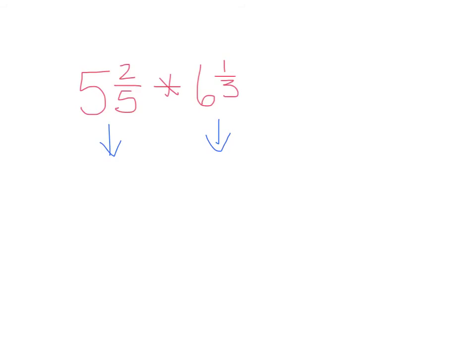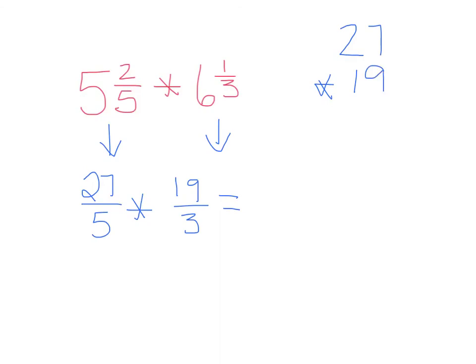So 5 2/5 is the same as 27/5 times 6 1/3, which is the same as 19/3. Now, I have to multiply here 27 times 19. That's some pretty big multiplication. So I'm actually going to do that off to the side.